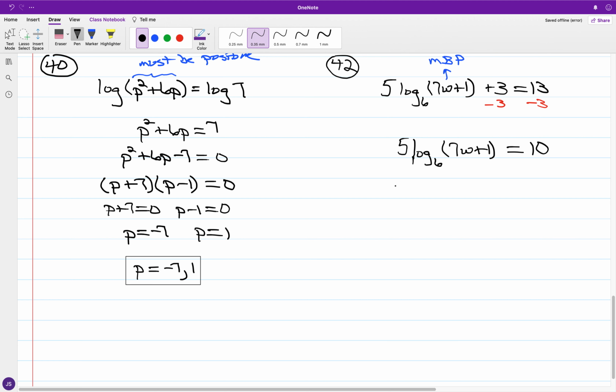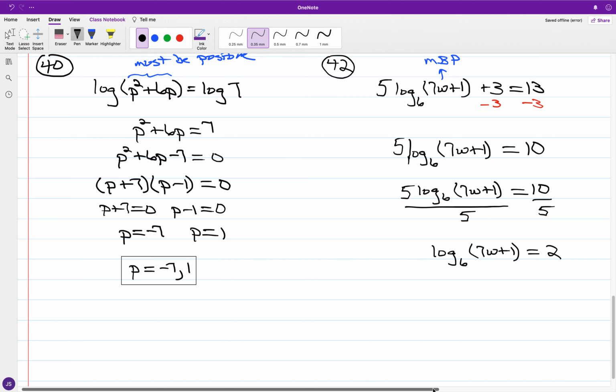And if I divide the equation by 5, this will come down to the base 6 logarithm of the quantity 7w plus 1 is equal to 2, stemming from 10 over 5.